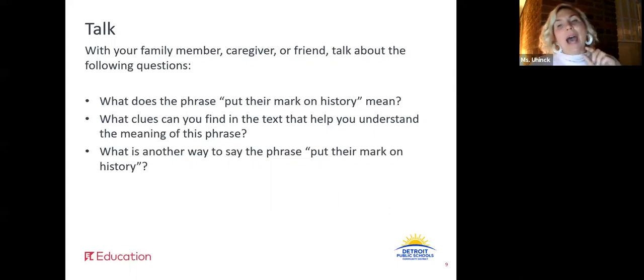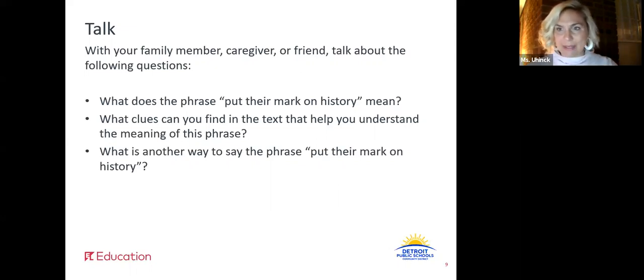All right, so I know that Martin Luther King made a huge impact in the civil rights movement. Because of his actions, his words, things he did, it changed history. So I'm thinking then, put their mark on history must mean something about making an impact on history. Do you see how I thought about that?